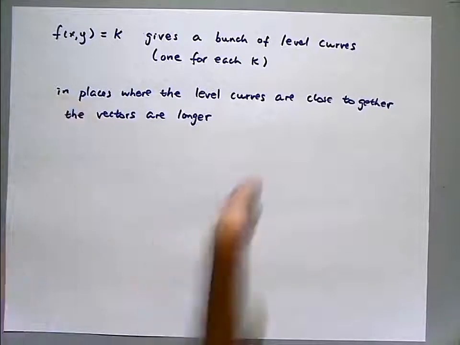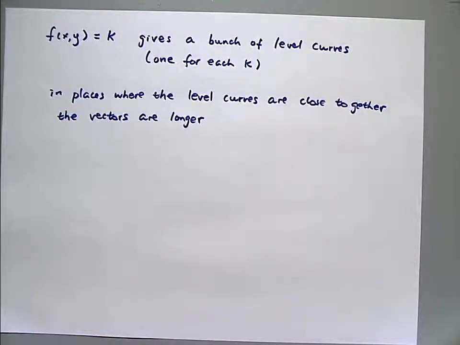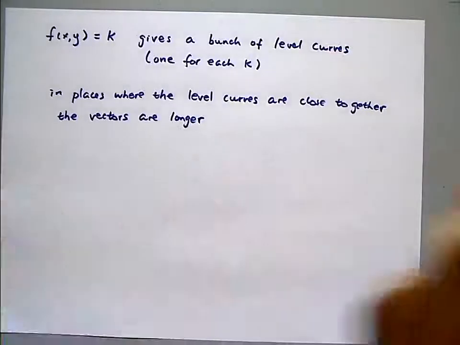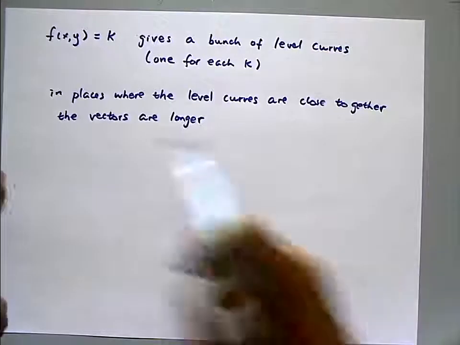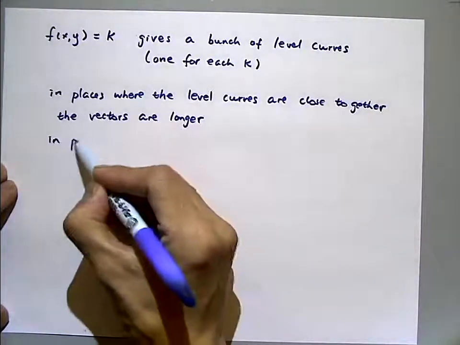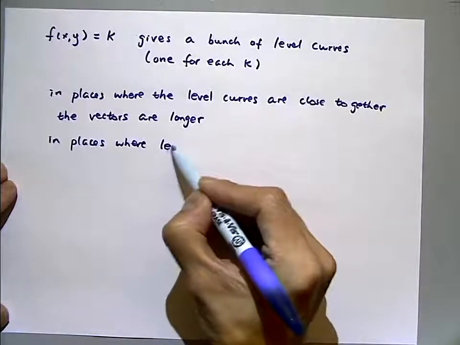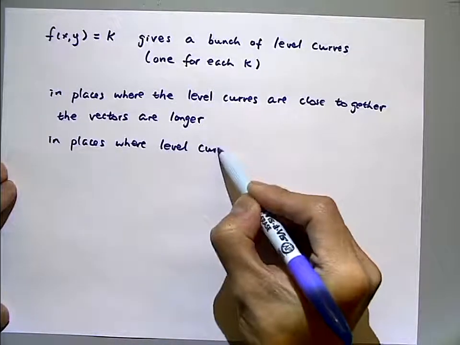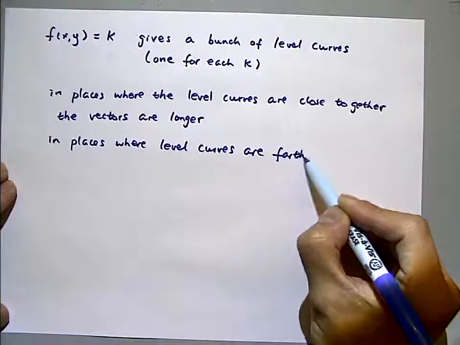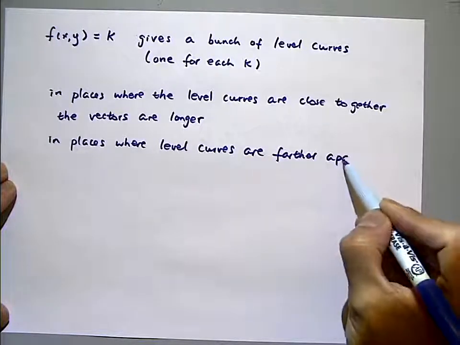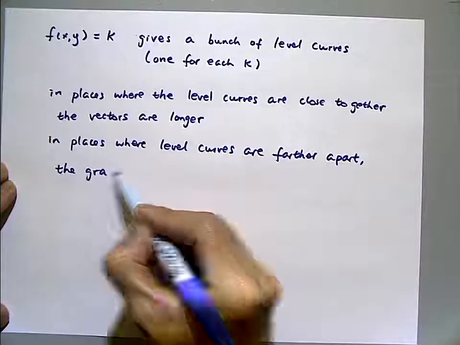So in a place where the mountain is steep, the directional derivative up and down the mountain is going to be larger than in a place where the mountain is flat, right? And conversely, in places where level curves are farther apart, the gradient vectors are shorter.